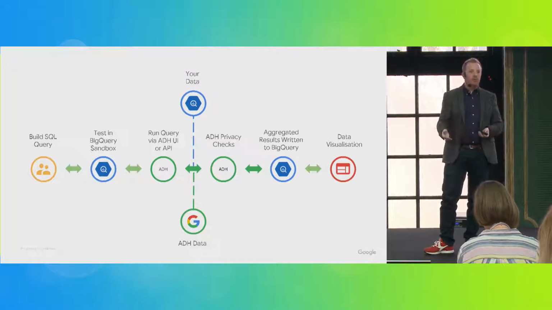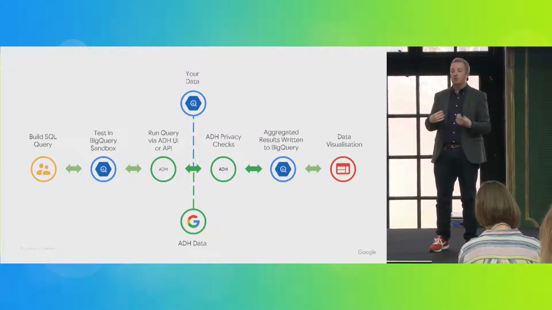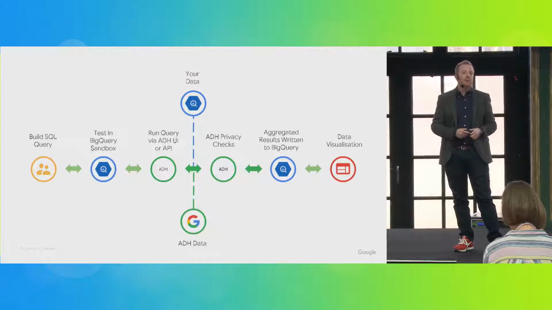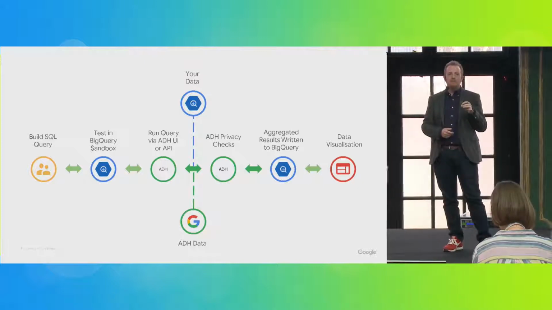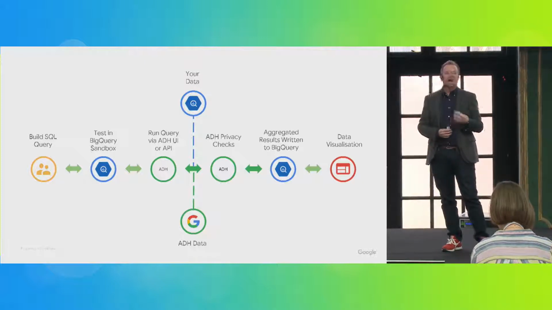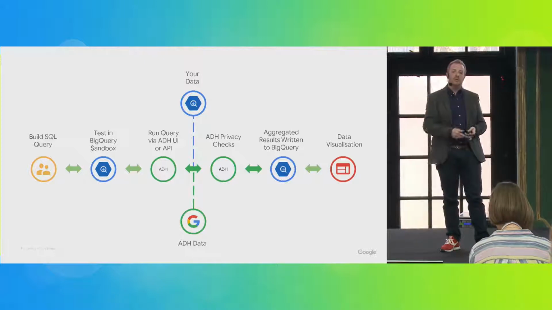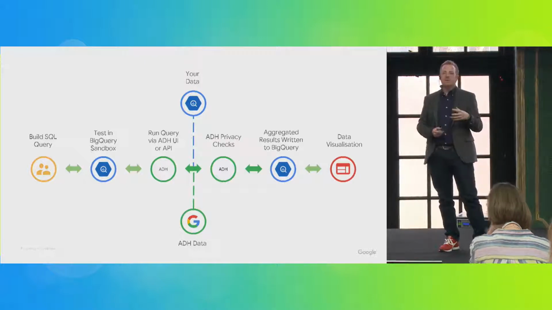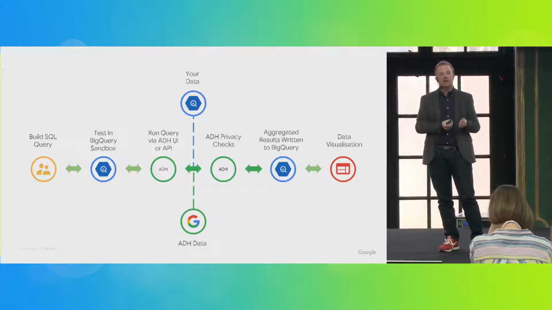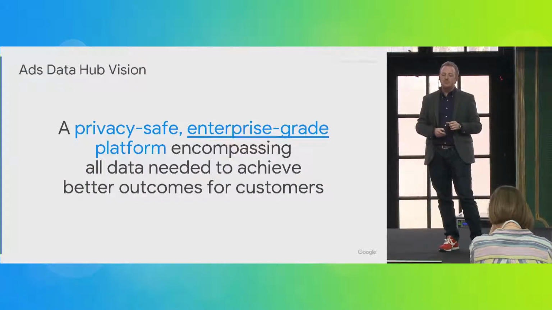We have a number of reports available through the UIs that are easy to use and give you quick access to the information that you need. But if you're an advanced advertiser and have the skill set and want to go deeper inside that data, we give you the ability to bring your own technical abilities, bring your own first-party data, and work with it in this privacy-safe environment.